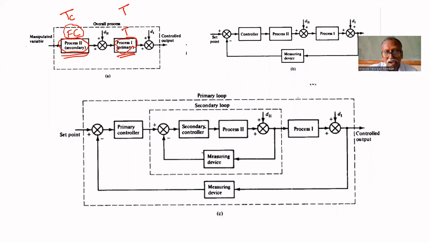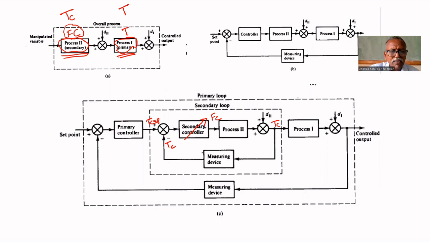You see here, the coolant temperature is measured here. The coolant set point given by the primary controller is compared with the coolant temperature. If any deviation is there, the secondary controller will regulate the flow rate of coolant.